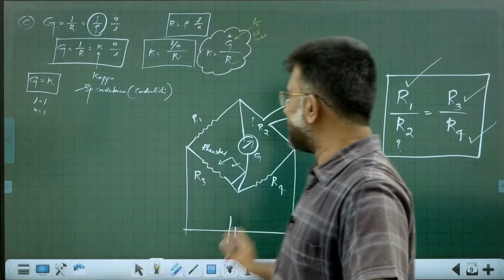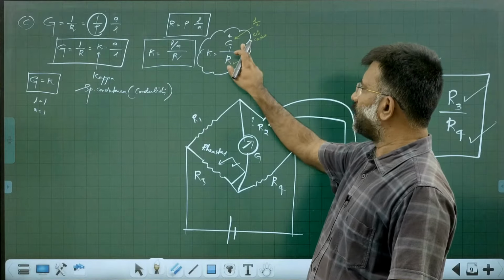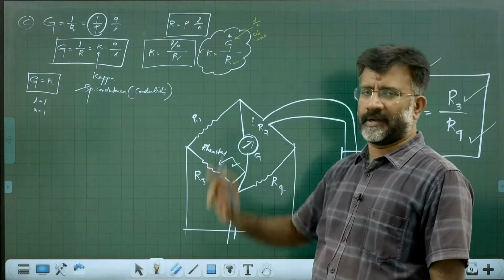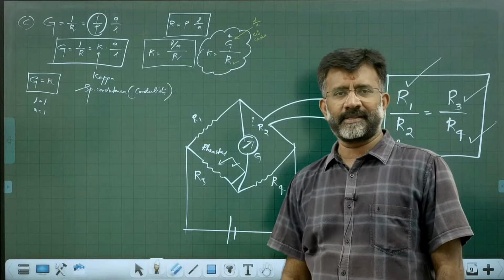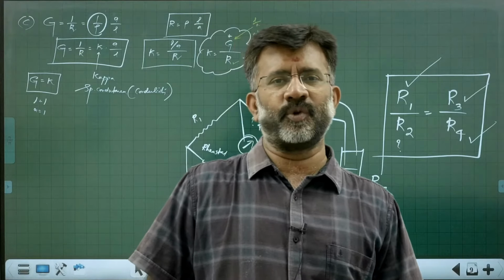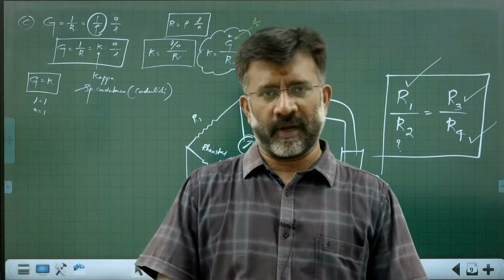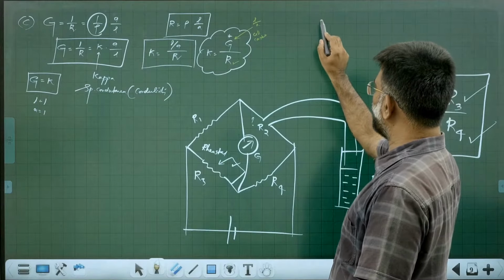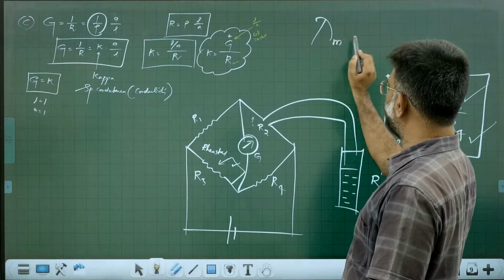Once you get the resistance, if you know the cell constant of the conductivity cell, you can find out kappa. What is kappa? Kappa is the conductance offered by a solution of unit volume, while the total conductance offered is called molar conductance, lambda m.